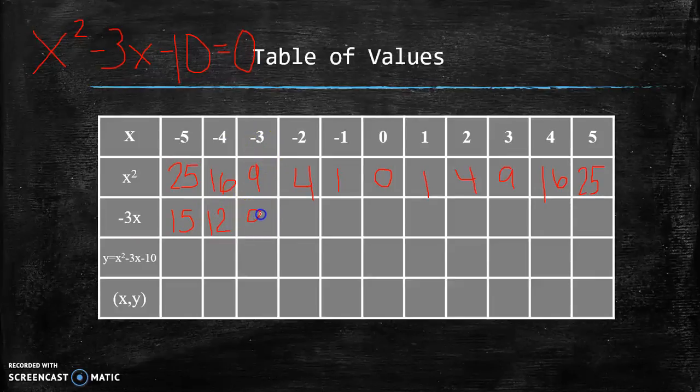So this will be 9, 6, 3, 0, negative 3, negative 6, negative 9, negative 12, and negative 15.